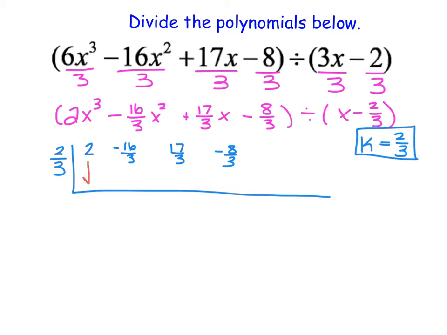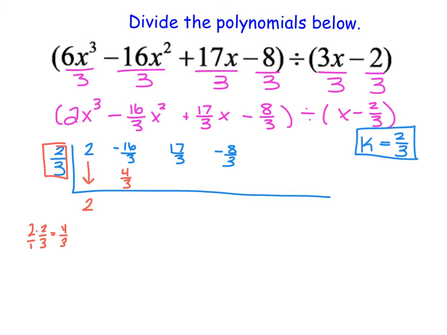So here we drop this down and this becomes 2. And then we have to take 2 times our k value, which is 2/3. To multiply fractions, we put the 2 over 1 and we multiply across, so we get 4/3. So here we're going to put a 4/3.